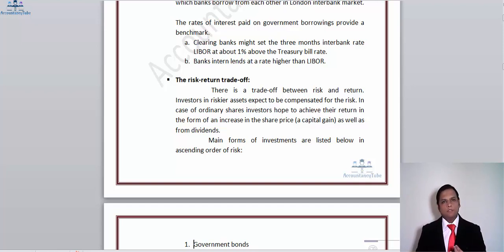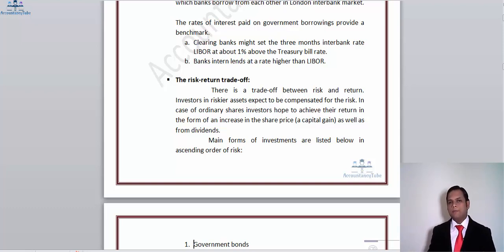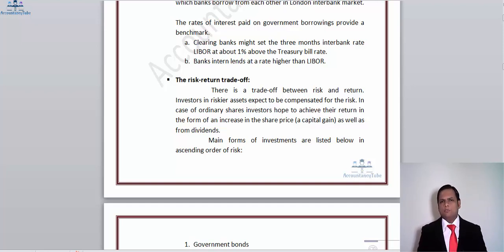That's 1% above the risk-free rate. And in turn, when the bank is giving the funds to the company, it will give it at a rate of, for example, 8 to 10%, to keep its profit margin.